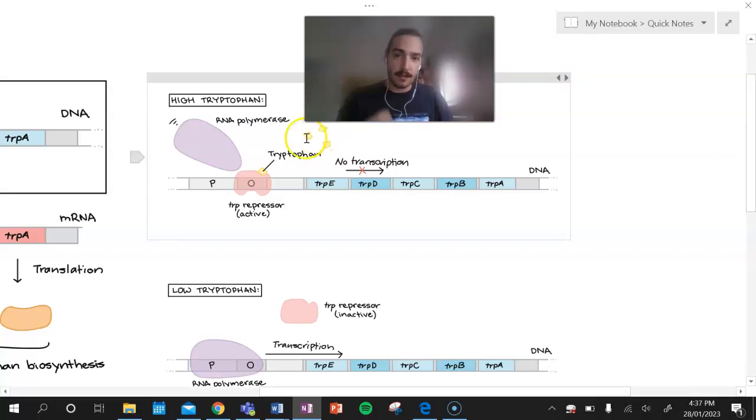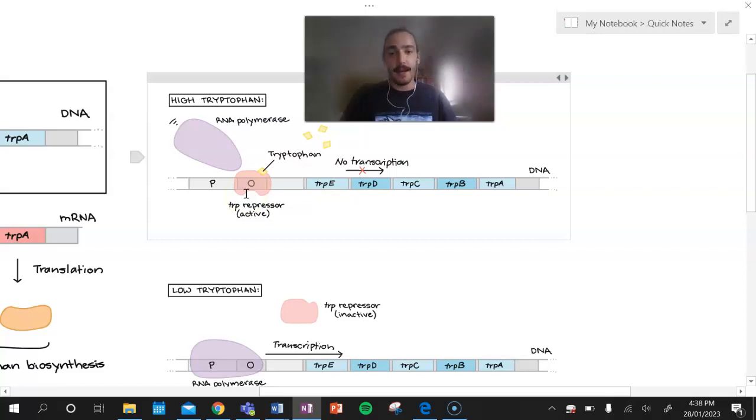The presence of tryptophan, if it's a high tryptophan environment, actually changes the shape of the repressor so that it can bind onto the operator and stop this RNA polymerase from joining on and making those genes that create tryptophan. We don't need to create tryptophan because there's already some present. And it's the presence of that tryptophan that actually activates the repressor.